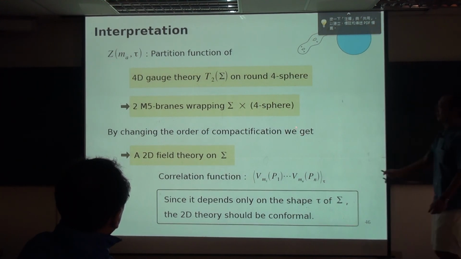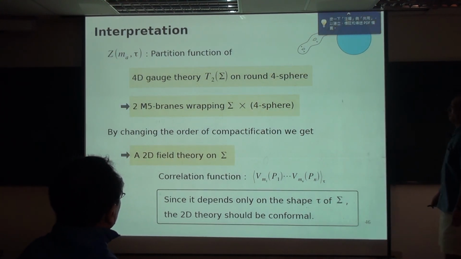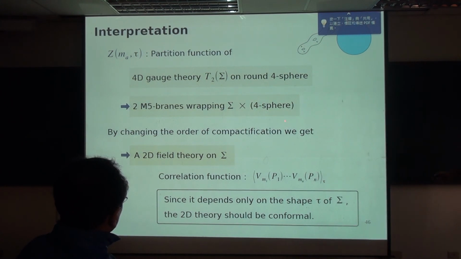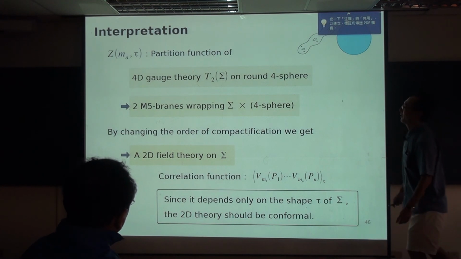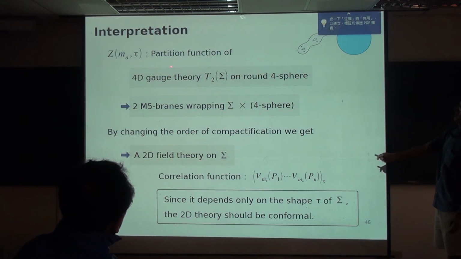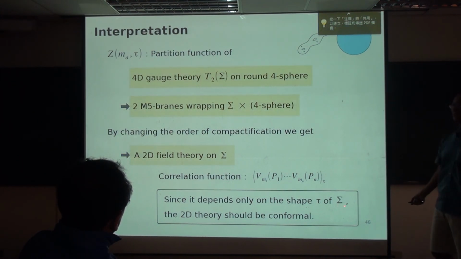But we can change the order of compactification like we did before. So suppose we compactify on this four sphere first. Then what we get is some two-dimensional field theory living on sigma. And we are computing something like a correlation function of this sort. And from the experience of computation of this partition function, we know that the result depends only on the shape of sigma, not the volume or anything more complicated.